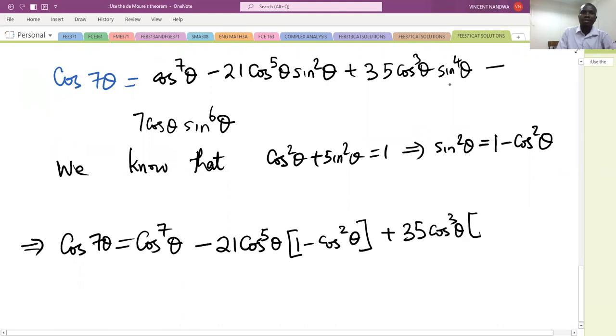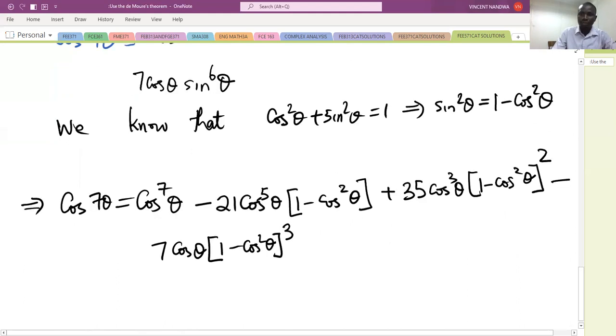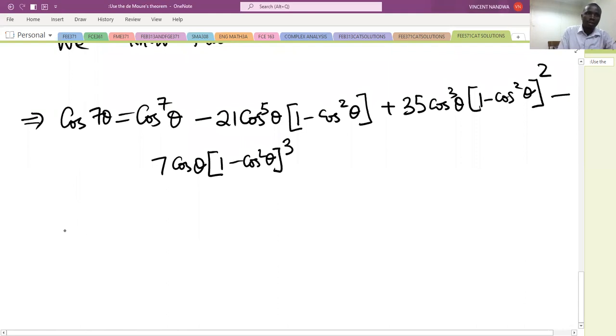Now sine power 4 is the same as sine squared times sine squared, so we'll have 1 minus cos squared theta, squared, and then minus 7 cosine of theta into 1 minus cos squared theta. Now sine power 6 is the same as sine squared to the power 3, so we raise it to power 3.